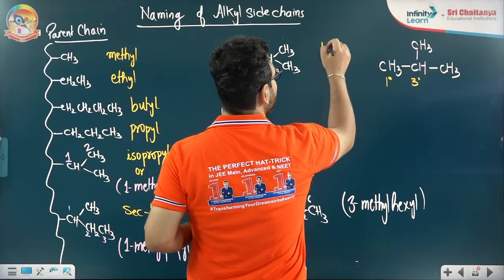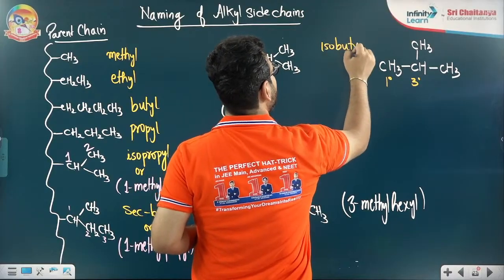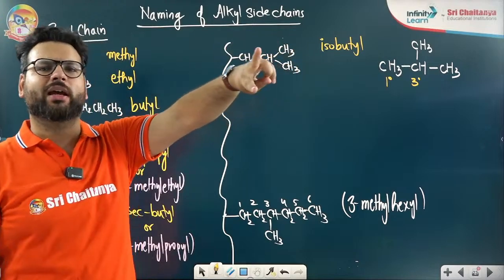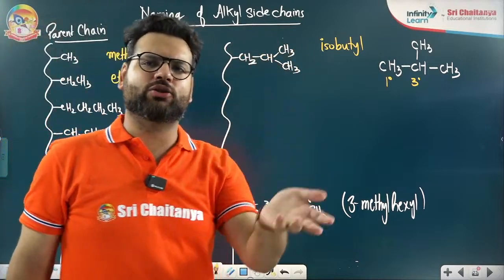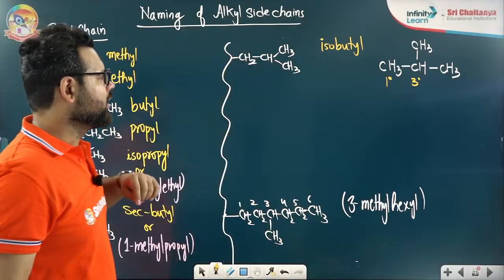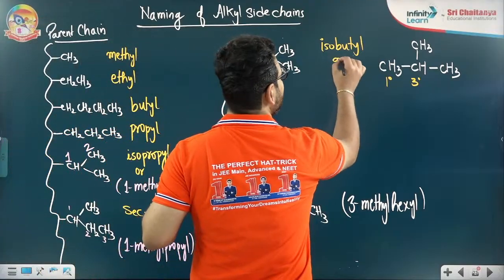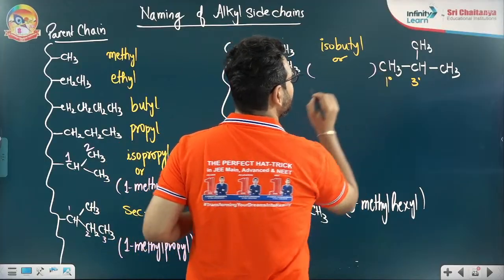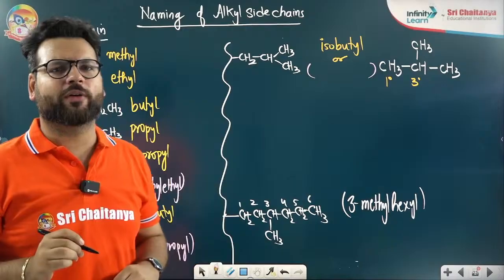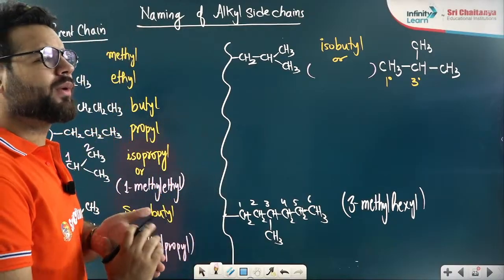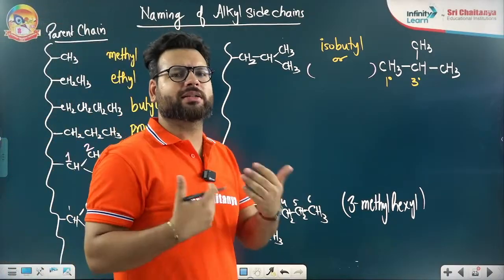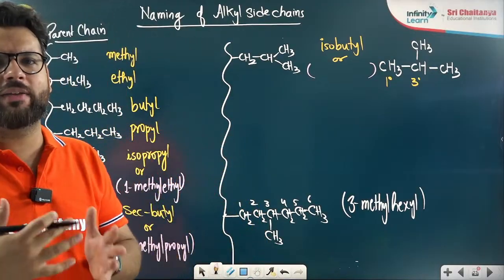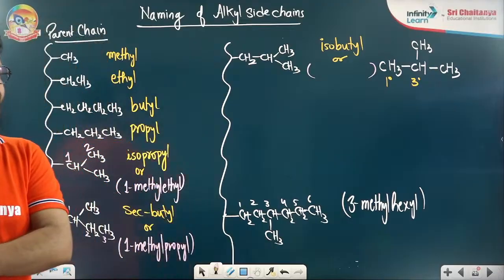I just told you, whenever you get this type of V, a CH attached to two methyls, this V makes it an iso group. So this is isobutyl. Or what will be its other name? Can you tell me its complex name? Everybody needs to answer here. Are you good with this topic or not? That's why I am telling everything.